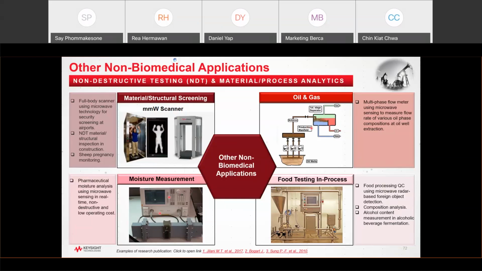And then some moisture measurement, let's say for the medical industry, you want to measure the moisture content in the medicine, in the pill, to make sure you have enough moisture, or just enough, so that the pill doesn't erode over time. Also, food processing could be another research area because food processing and safety is becoming more and more critical nowadays.